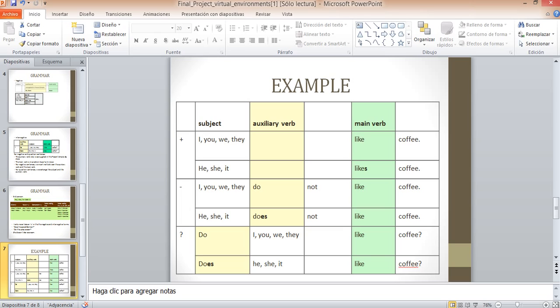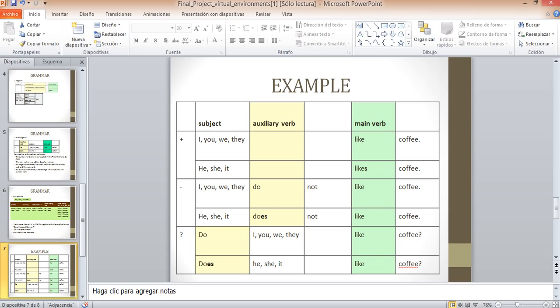and in the negative we see the change to does, as I have mentioned previously, and we don't see here the addition of the s because we have a rule that in negative statements we don't put s at the ending of the main verb. And we see here the example for the interrogative.